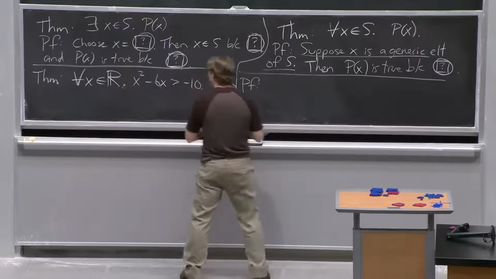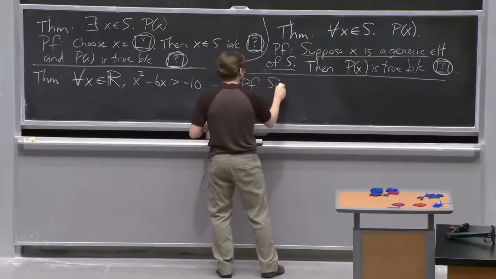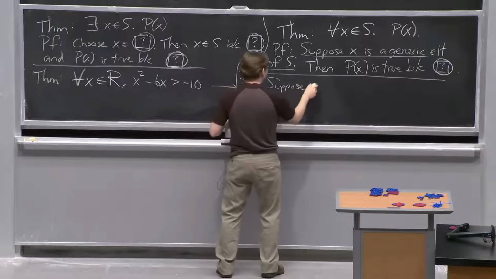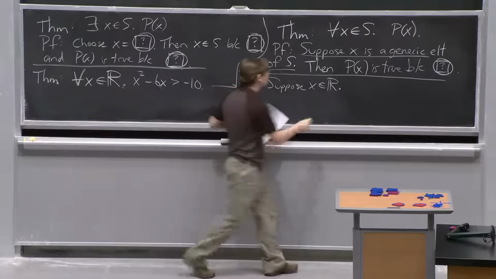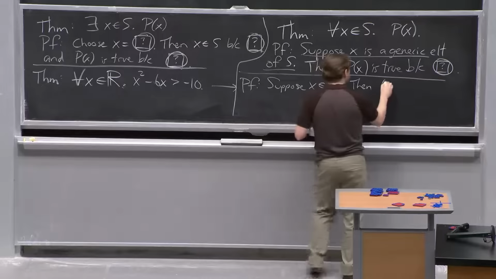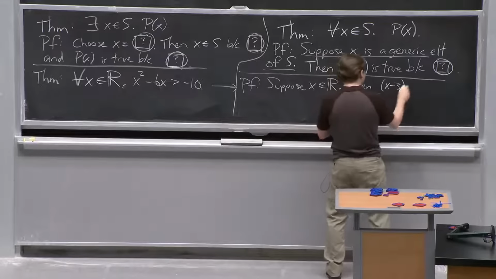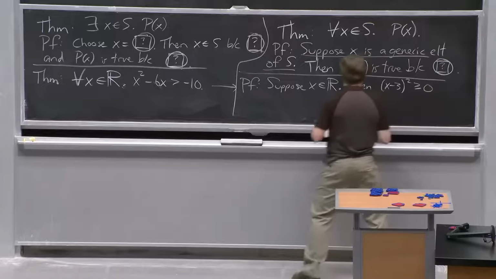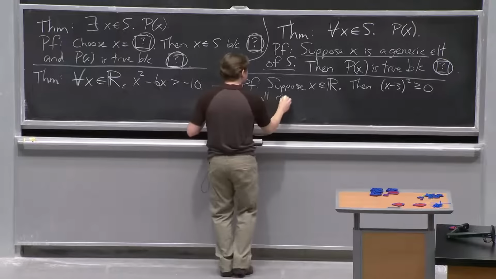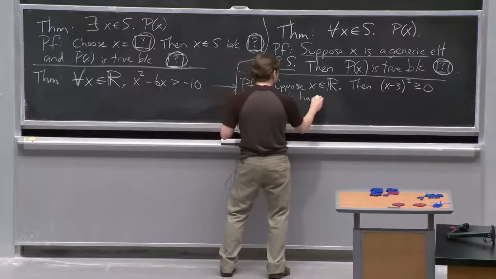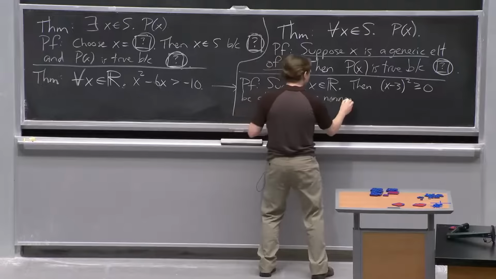So how do we prove this theorem? Proof. Let's see. Suppose x is an element of the real numbers. Then, let's see, (x minus 3) squared is greater than or equal to 0 because all reals have non-negative squares.